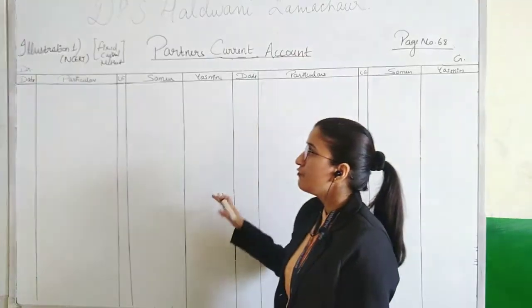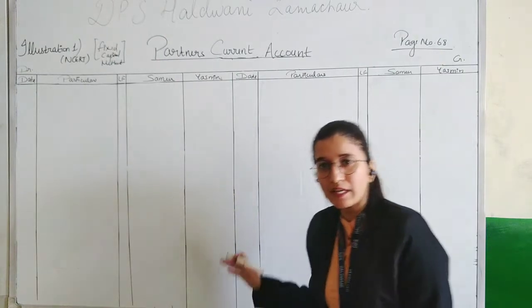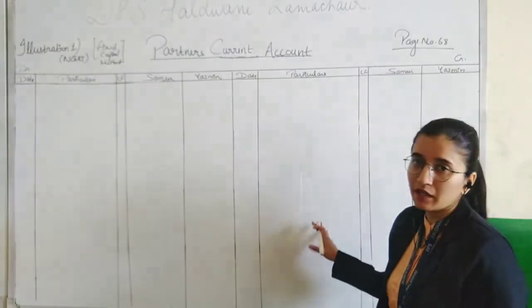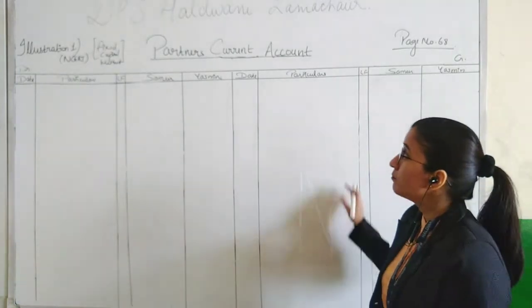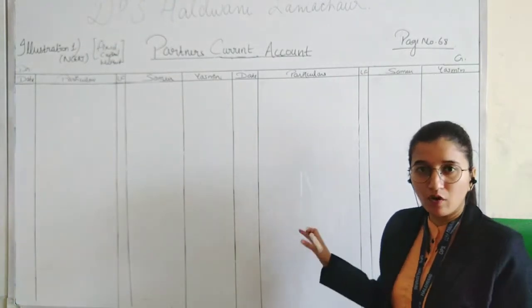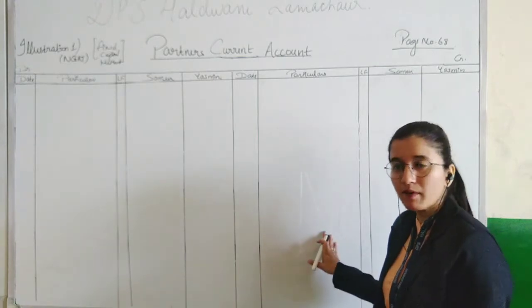Now, under the fixed capital method, the second type of account we prepare is the partners' current account. In the partners' capital account, we have recorded the amount of capital brought in by the partners.